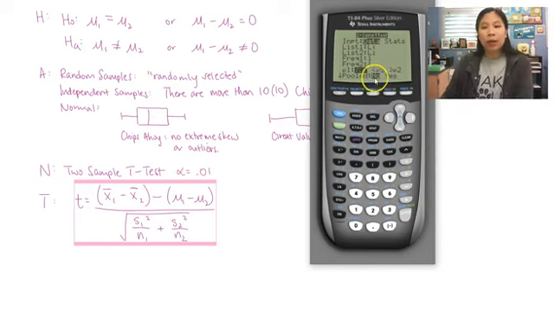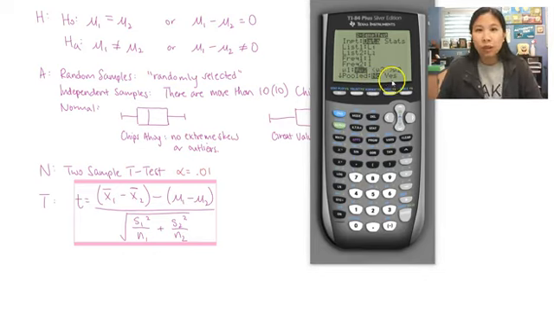Pooled. This part, we always choose no. No pooling. The reason is pooling is a slightly different formula, and it's only used when you have the same variance, same standard deviation for your 2 samples, and that rarely occurs. On the AP test, it just never occurs. So we never pool.